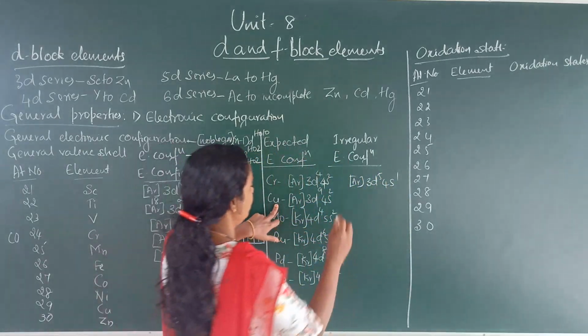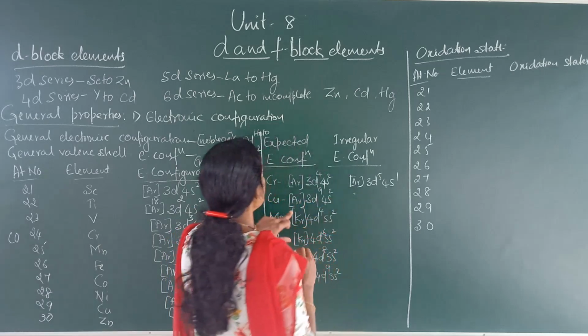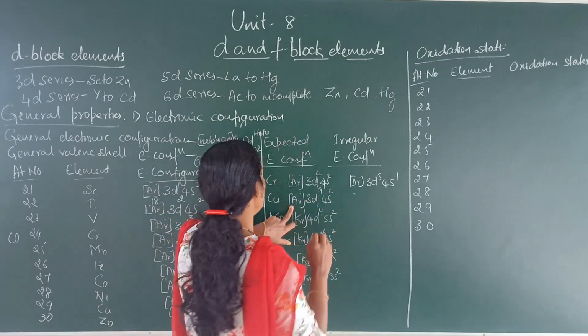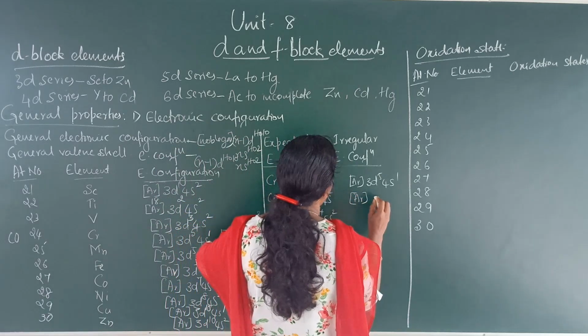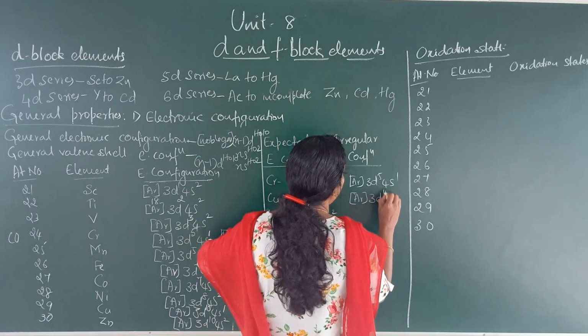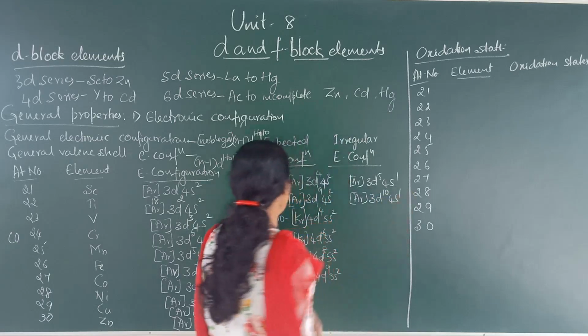Next, copper. The expected electronic configuration is argon 3d9 4s2, but the actual electronic configuration is argon 3d10 4s1.